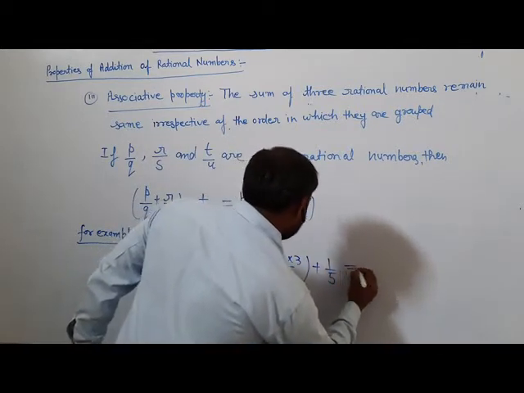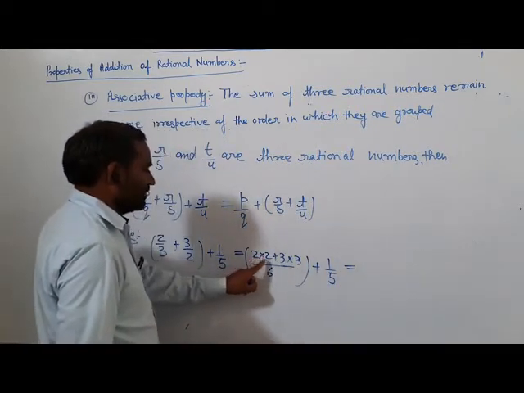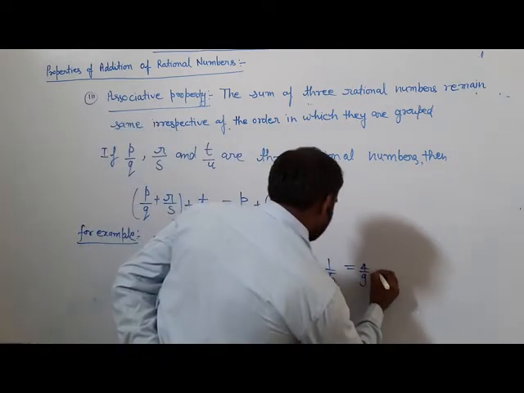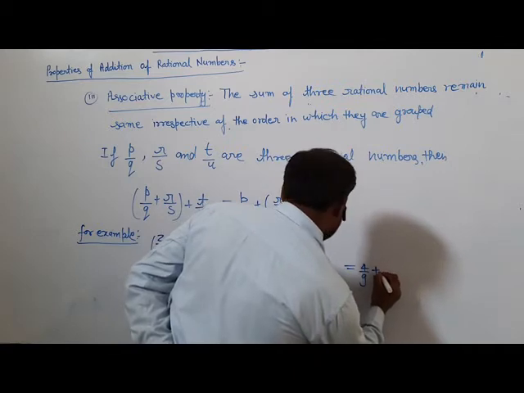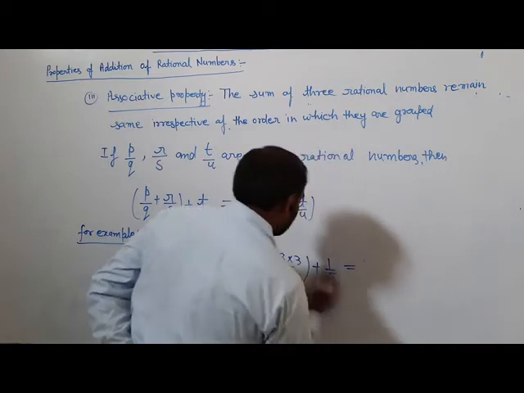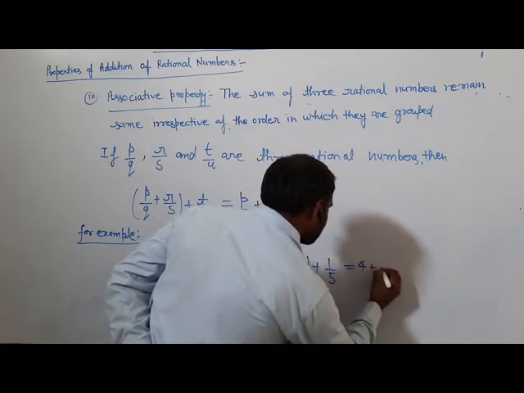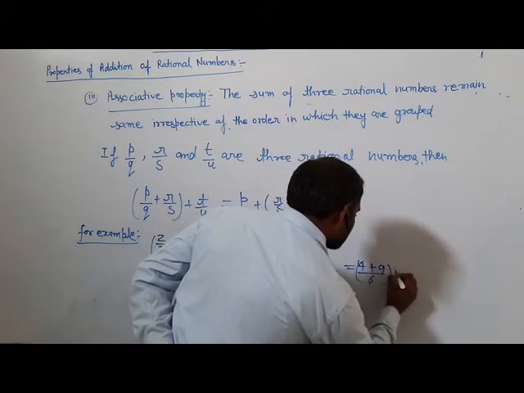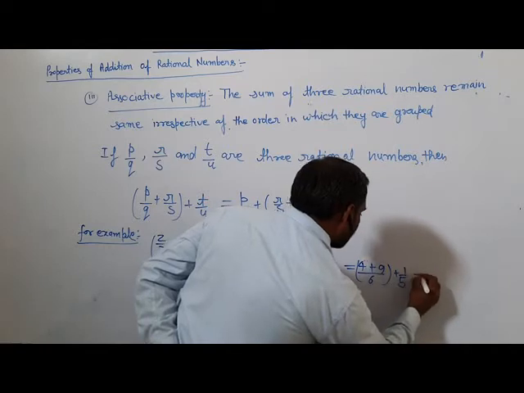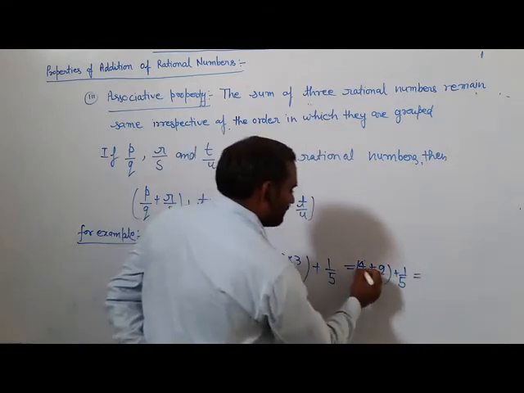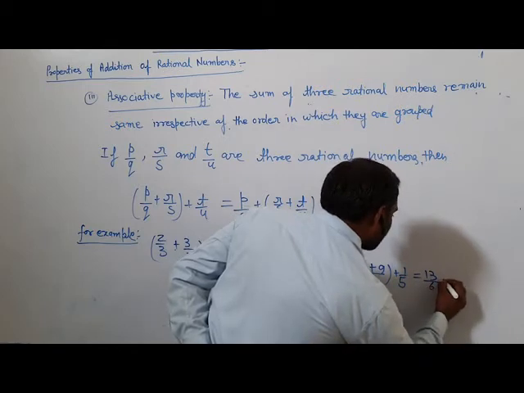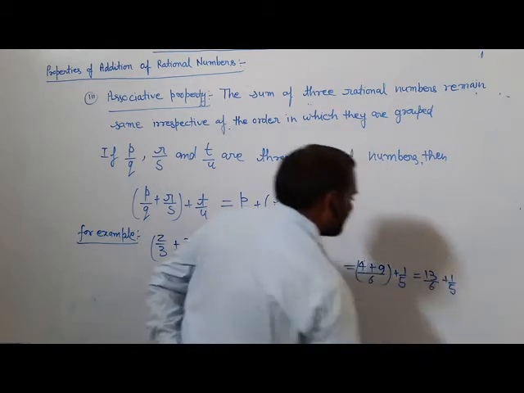Here we get 2 twos are 4, 3 threes are 9, 4 plus 9 by 6 plus 1 by 5. Now 4 plus 9, 13, 13 by 6 plus 1 by 5.